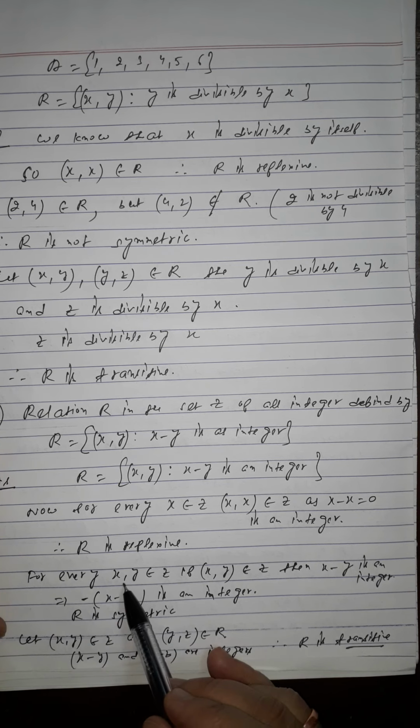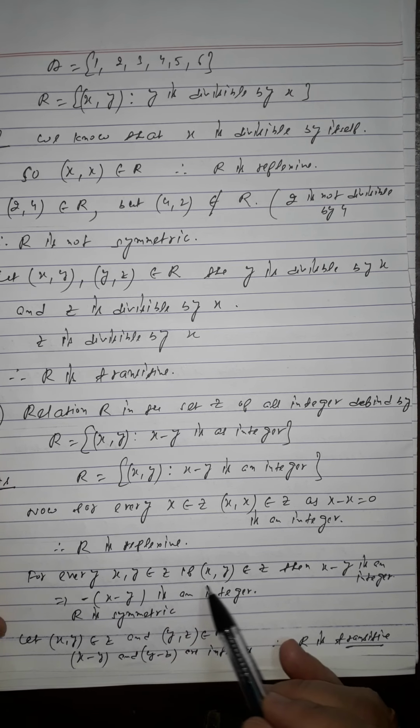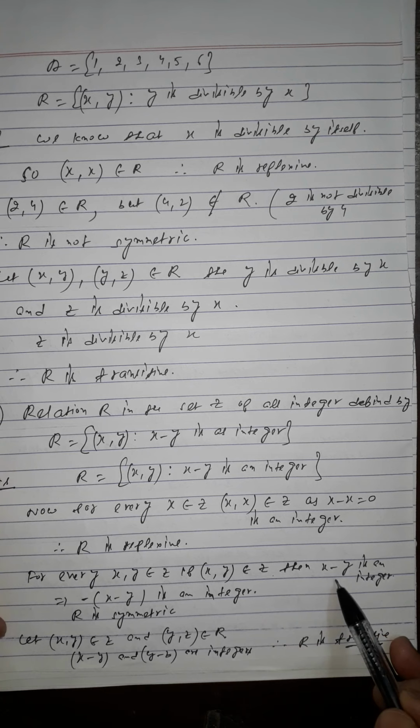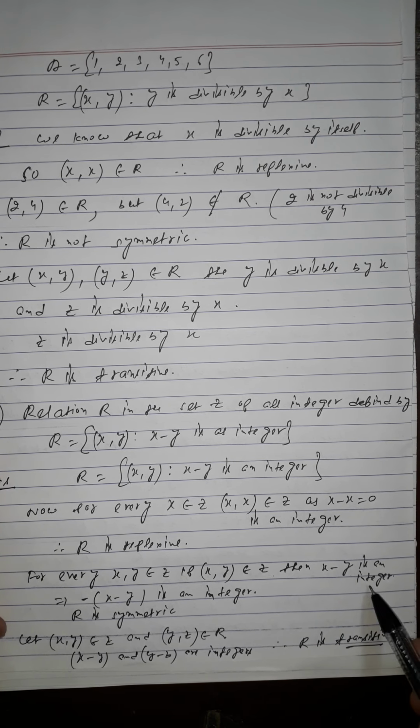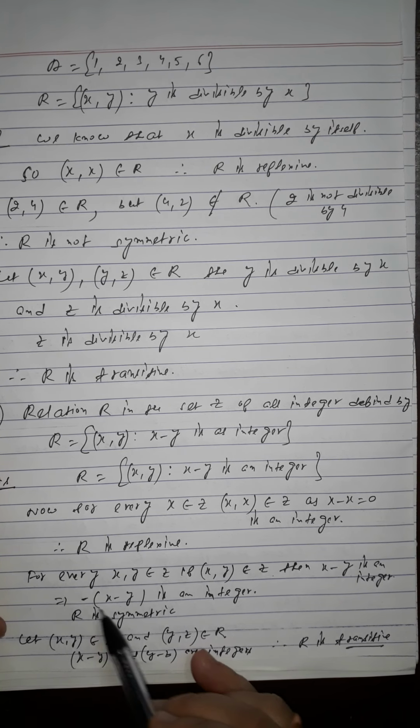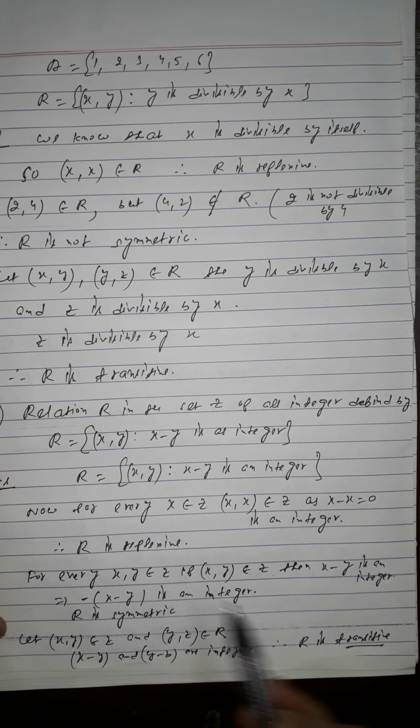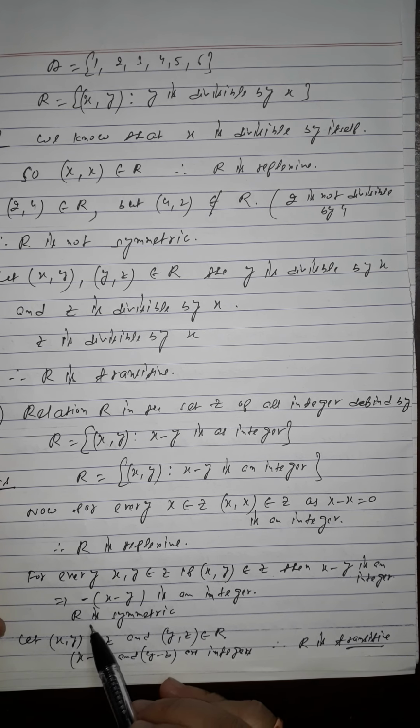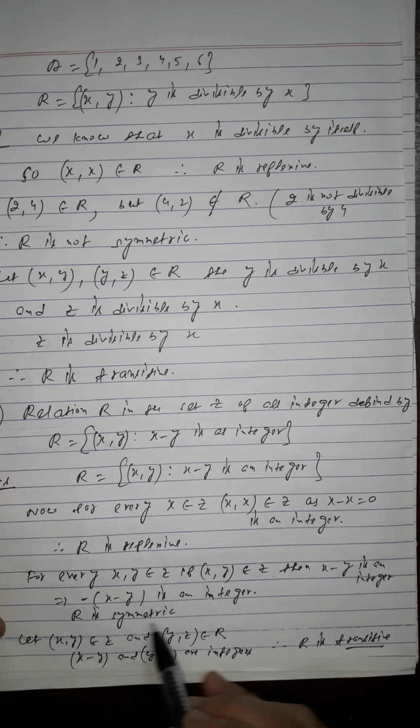For every (x, y) belonging to Z, if (x, y) belongs to R, then x minus y is an integer, or minus of (x minus y) is also an integer. Therefore, students, remember that R is symmetric.